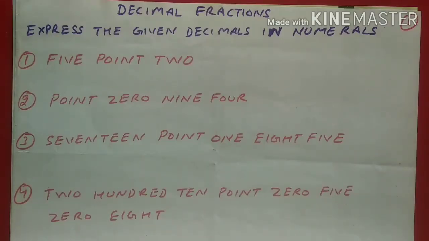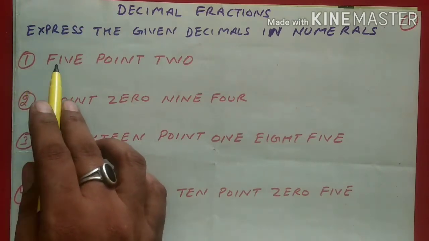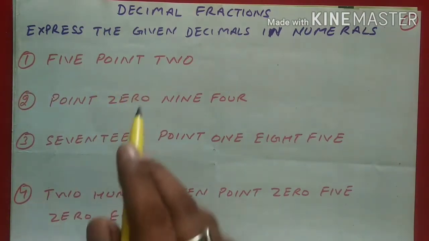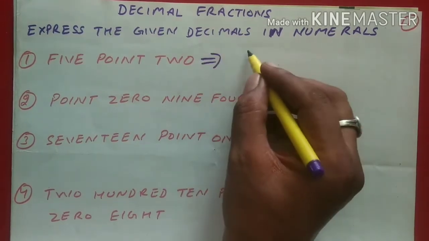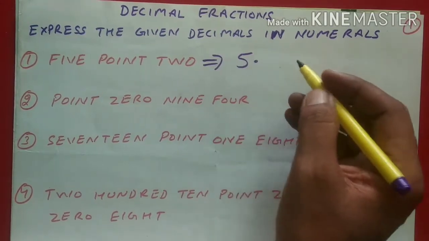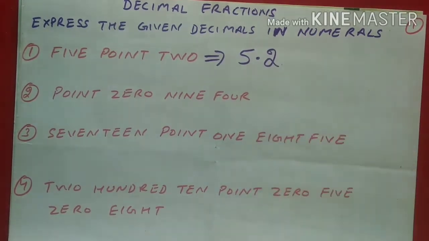In this video we are going to express given decimals in numerals. Here you see some questions are written. First is 5.2. How will you write this in decimal numerals? You will write 5.2. Now this is the answer.